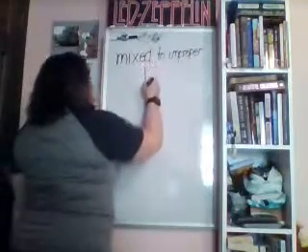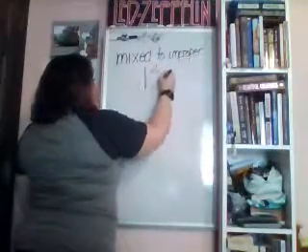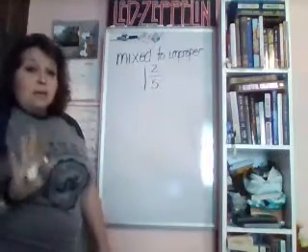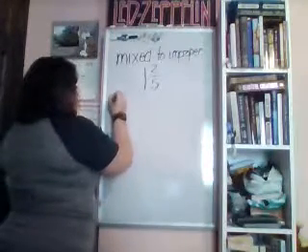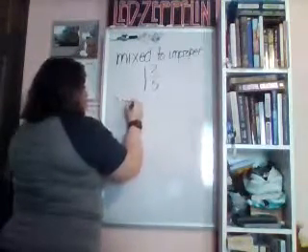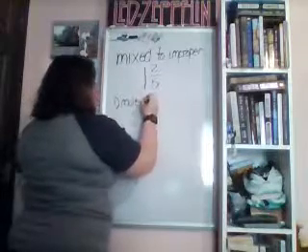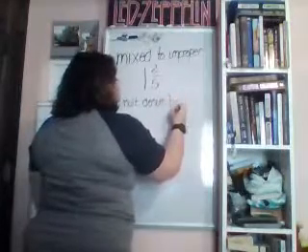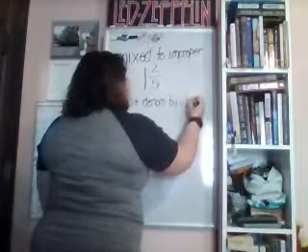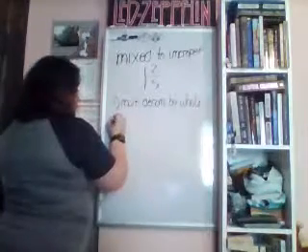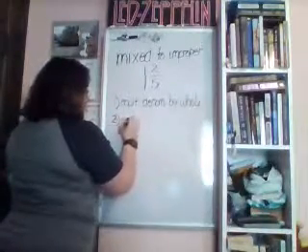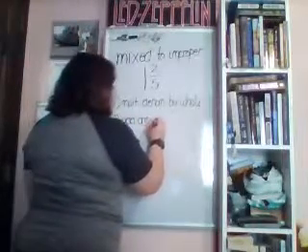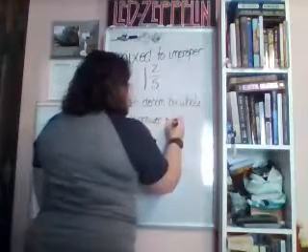So let's work with that same one that I just had on the board a minute ago. So 1 2/5. Here are the steps, and then I'm going to show you how to do it. The first step is multiply your denominator by your whole number. Your second step is add that answer to your numerator.